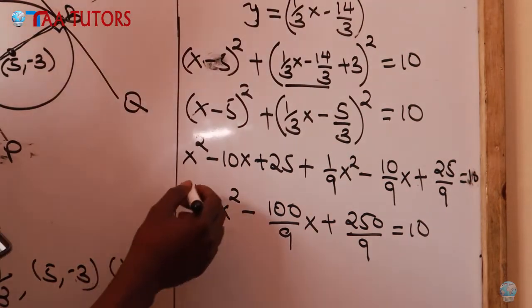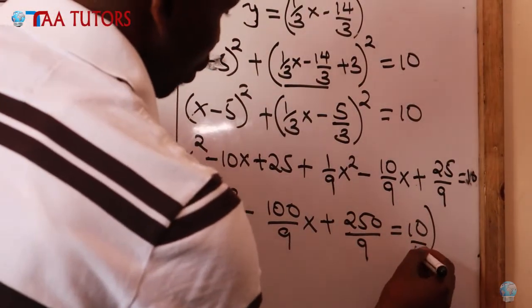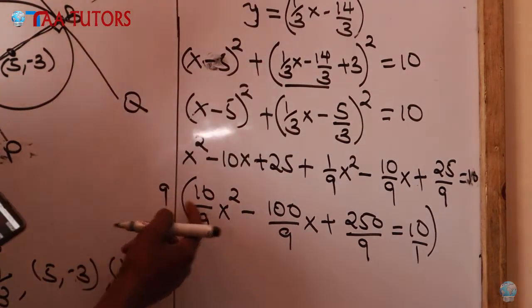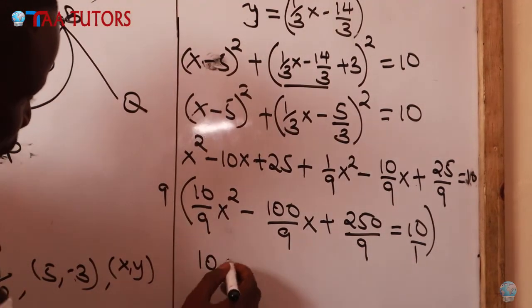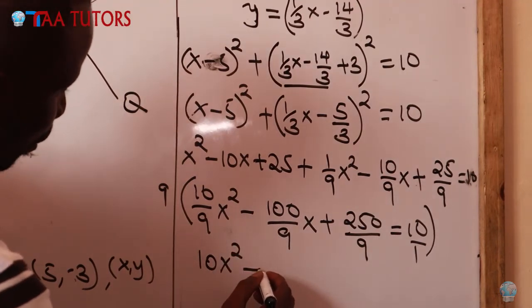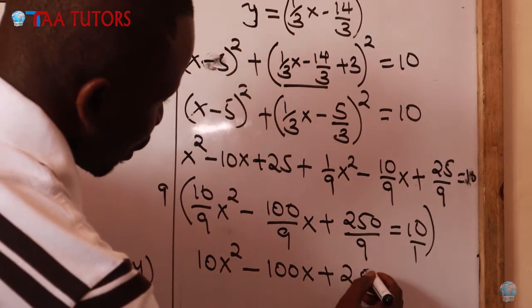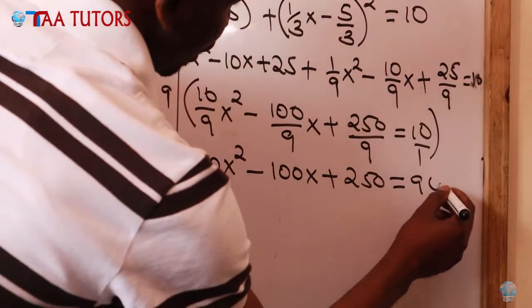Now we can remove the fraction by multiplying everything by 9. So we open bracket using 9, we get 10x^2 - 100x + 250 = 90.